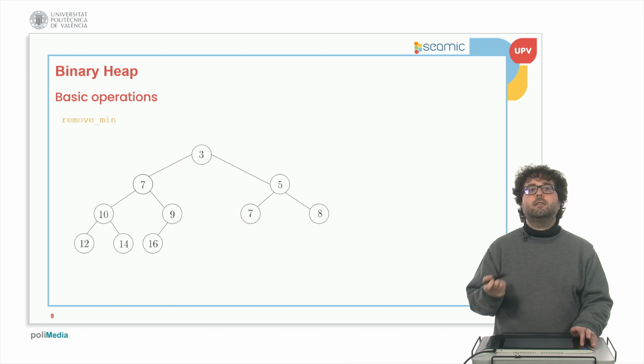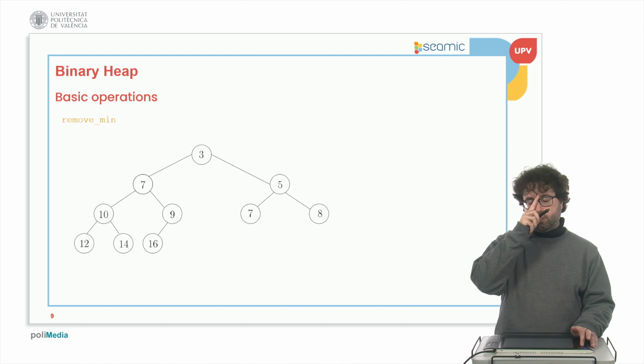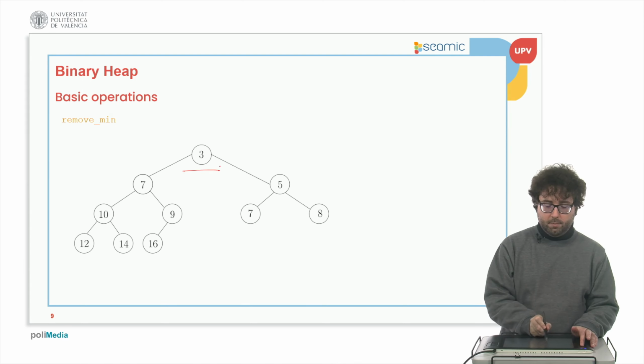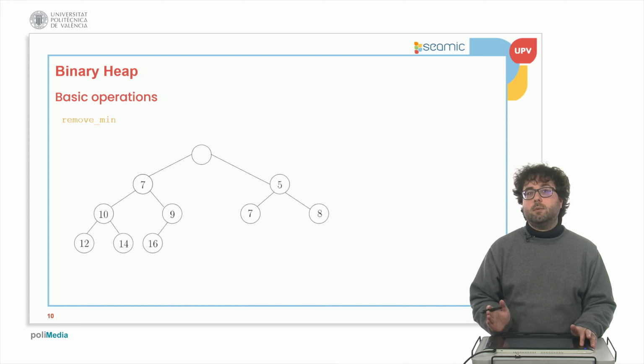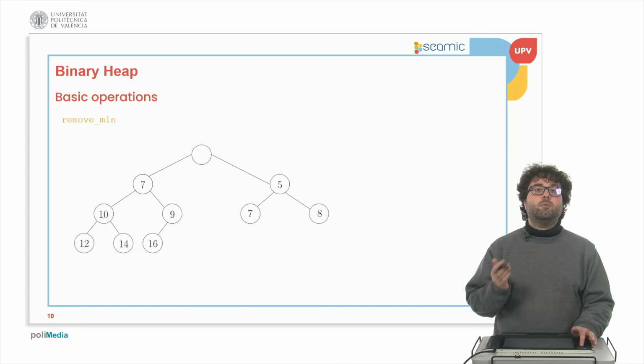So if we look at removing the minimum element, as we have already mentioned, the minimum element is the root, so we will need to remove that element. But if we do that, then this tree is no longer a heap. So what we need to do, besides removing the element, is restore its properties. The complete property is easy to restore.